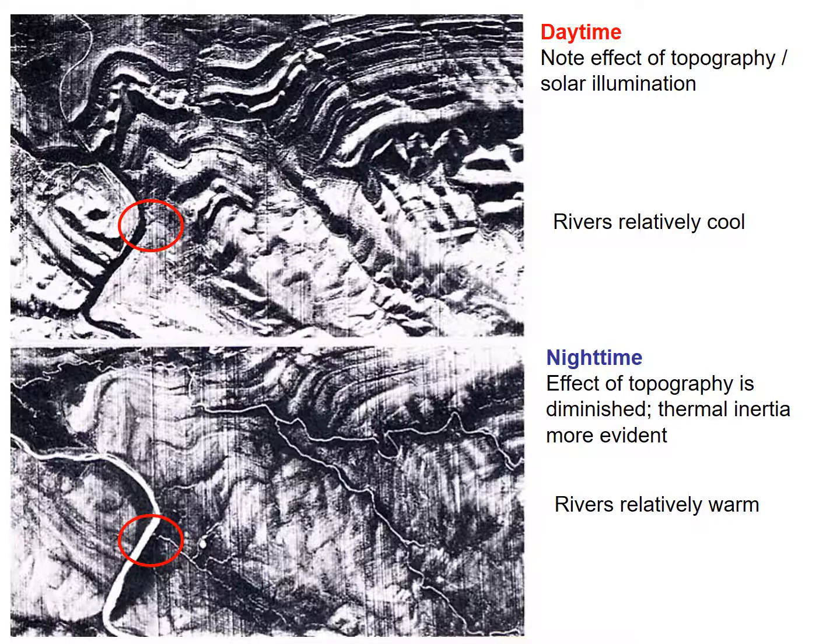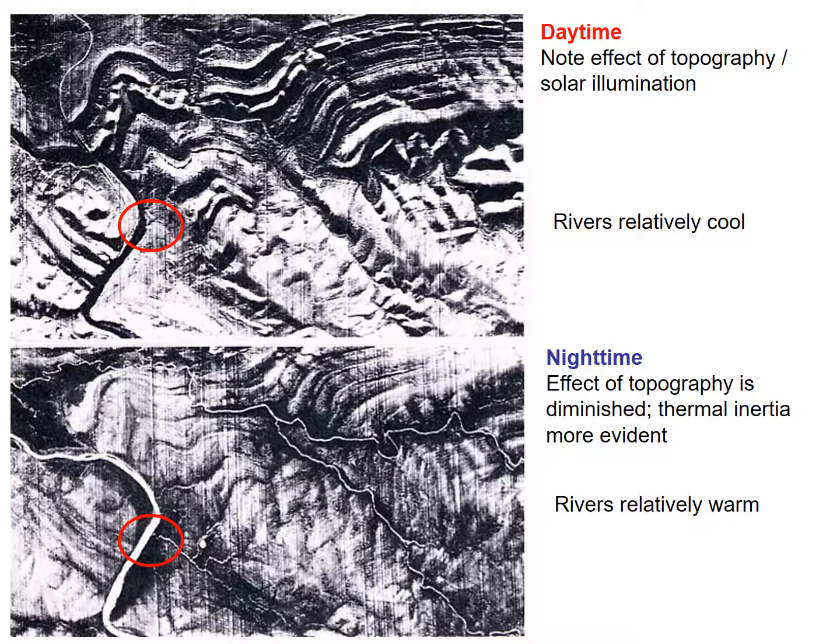But when we go to the nighttime effect, what happens is everything else tends to cool off quicker, and where there's more water, because water has a unique ability to store thermal energy, it stays warmer longer, and so it doesn't cool down as fast as the surrounding areas. And so it stays hotter.